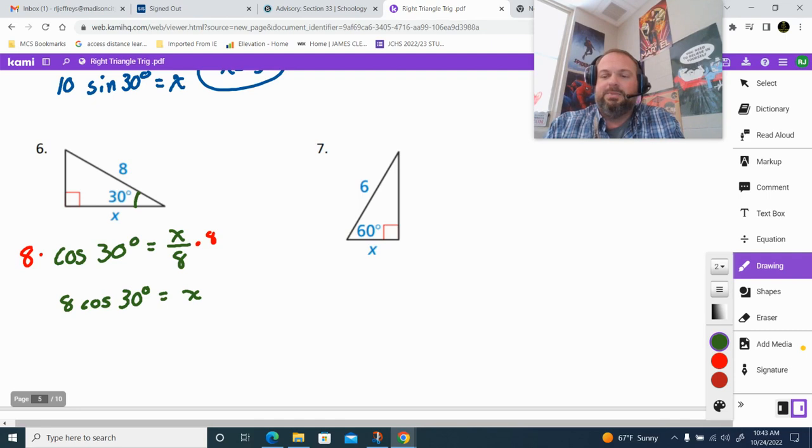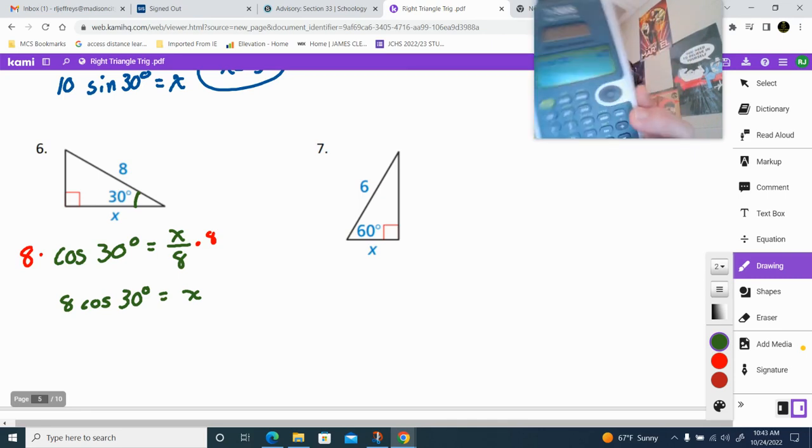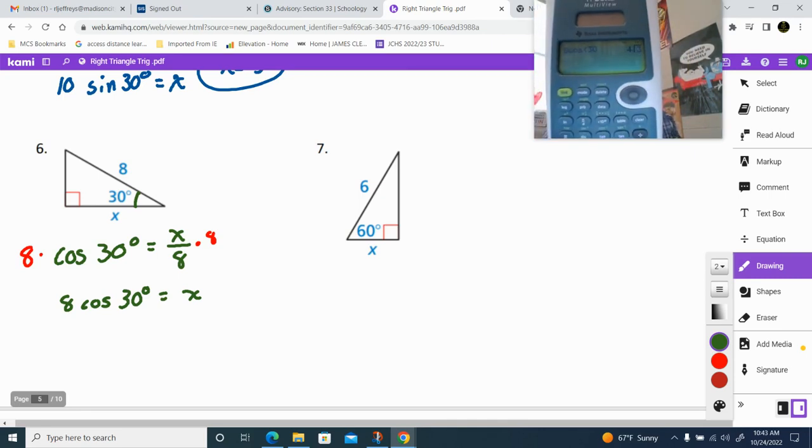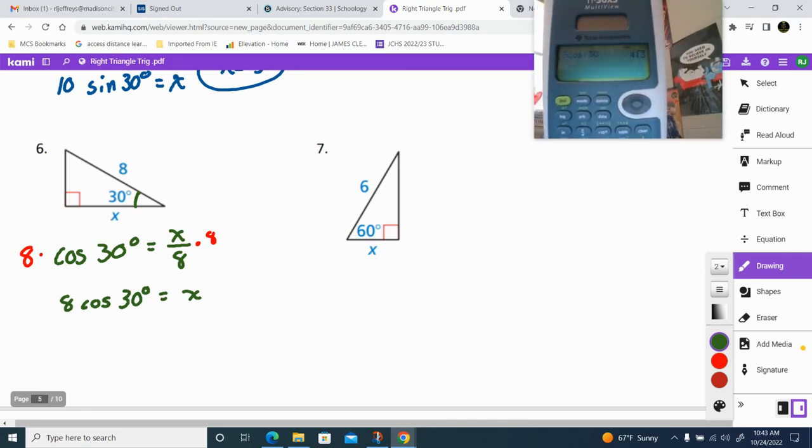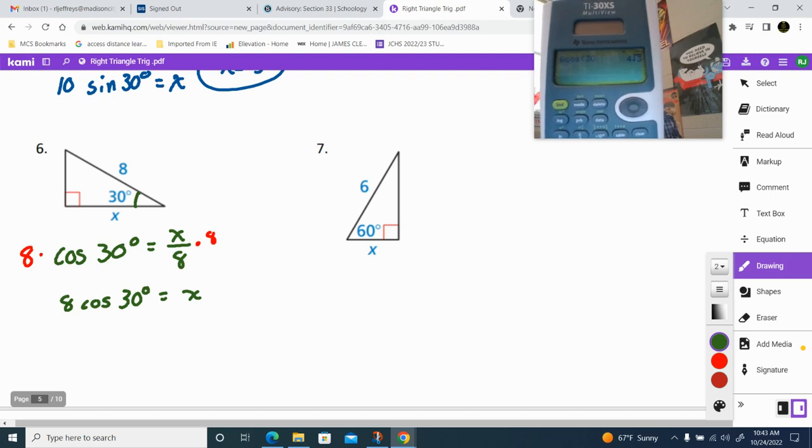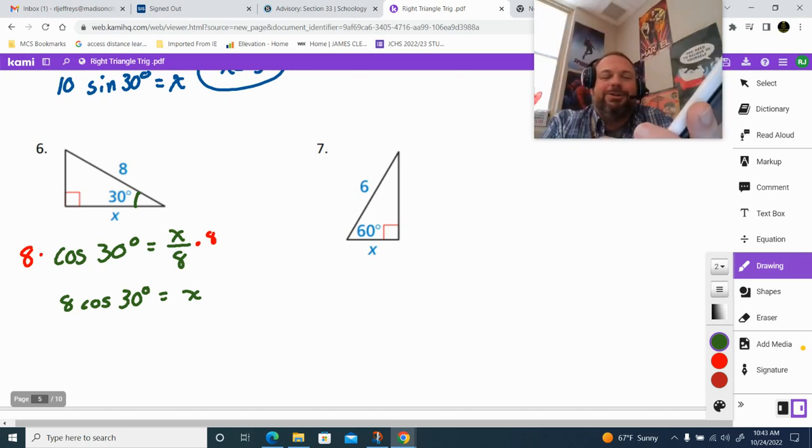So, 8 cosine 30. What's kind of crazy, when I type this in the calculator, the way I have mine set up, it actually says 4 root 3. Now, if your calculator is not like mine, you would not get this answer.